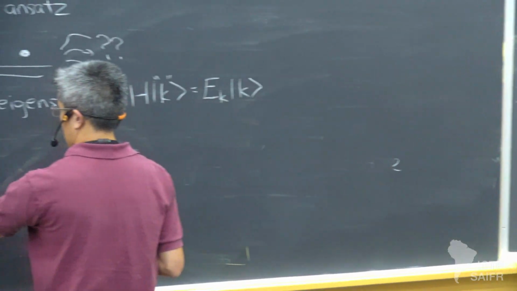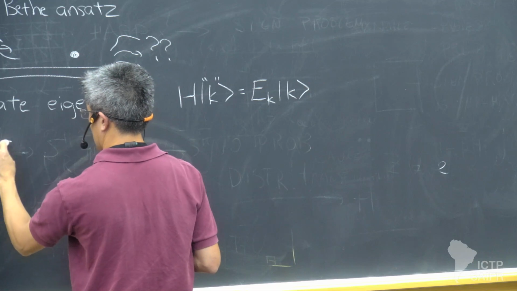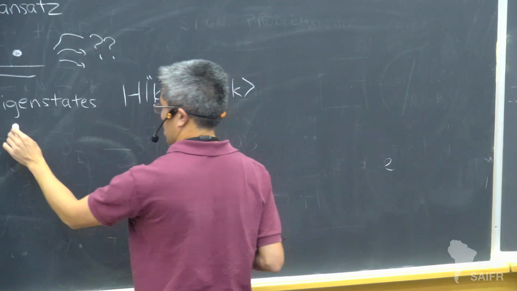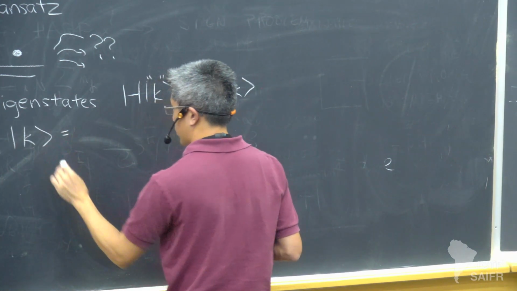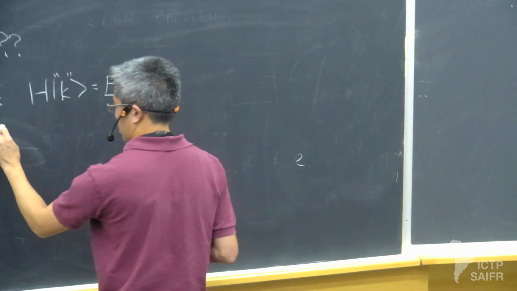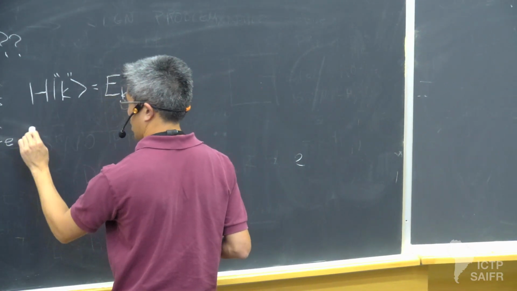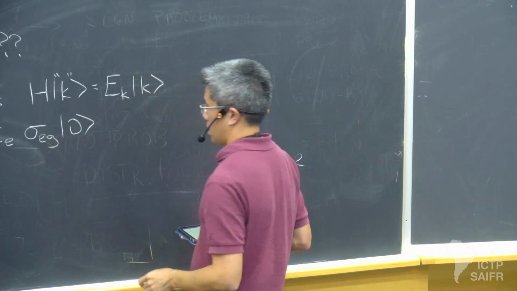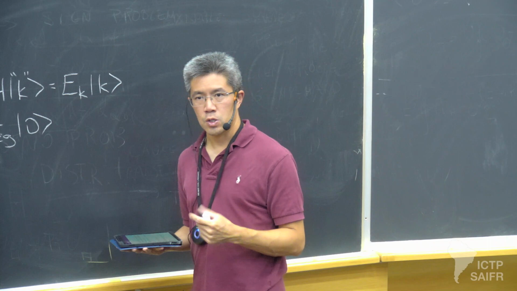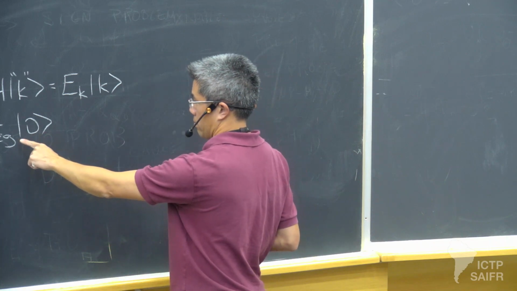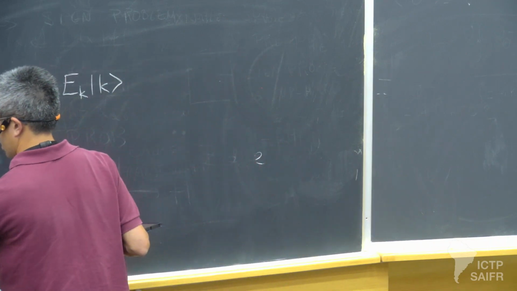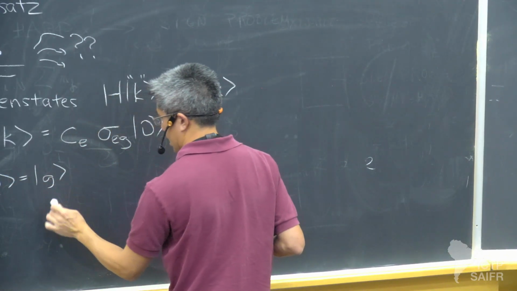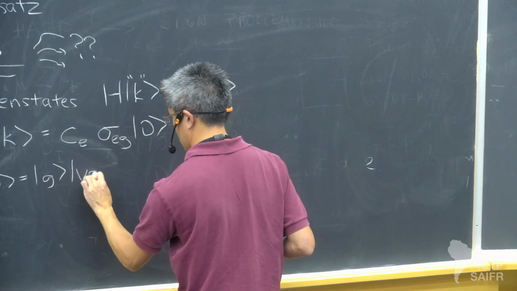Right? So then the first thing we can do is take an ansatz, which you can easily generalize to more excitations. If I have one excitation, the most general wave function I can write down is: I can either have that one excitation sit on the atom. Here I'll denote 0 as the total ground state of the entire system, so both my atom is in the ground state and my field is in the vacuum.